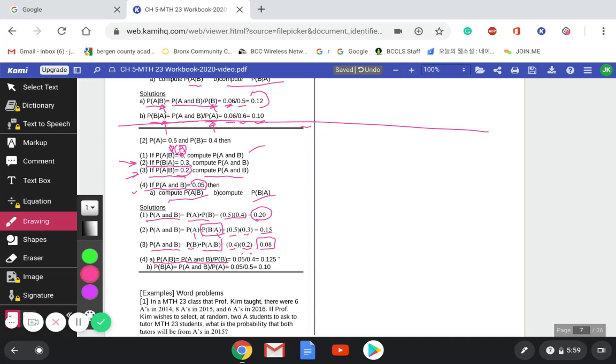And likewise, probability of B given A is probability of A and B divided by, this time, probability of A, because that has to be matched, like B and here B matches. So that will give you 0.05 divided by 0.5 is 0.10.